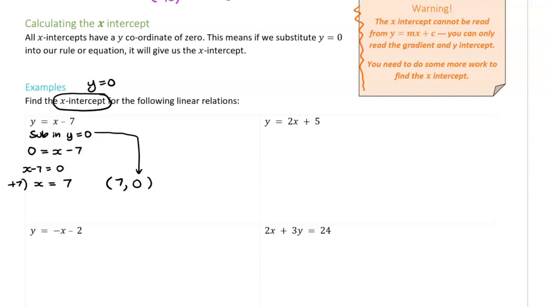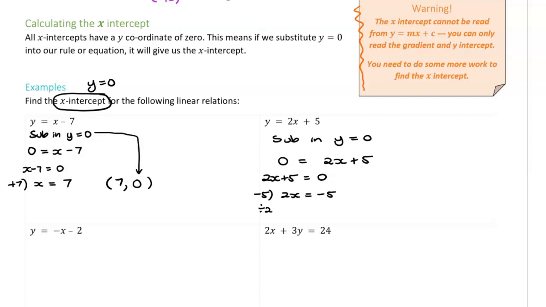We'll do the same thing here. We're going to sub in y equals 0. So 0 is going to equal 2x plus 5. Let's rewrite that: 2x plus 5 equals 0. We'll subtract 5 from both sides, so 2x is going to be minus 5.